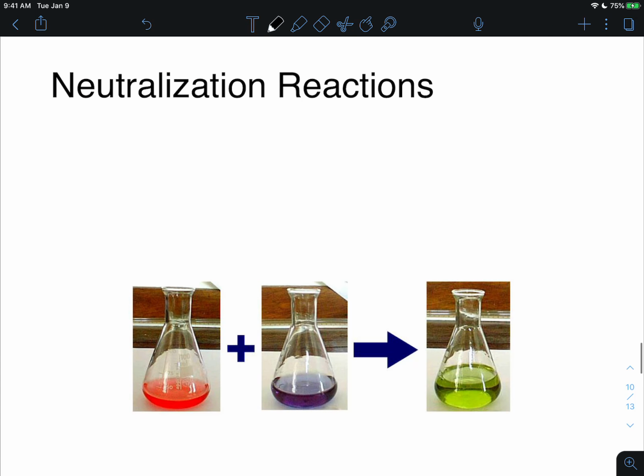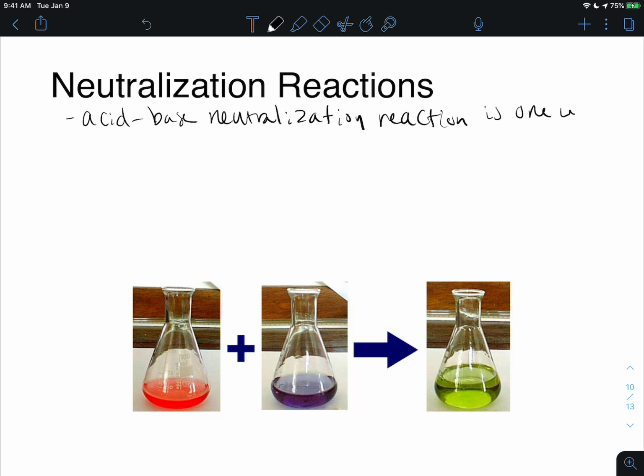Okay, let's look at the idea of a neutralization reaction. A neutralization reaction, specifically an acid-base neutralization reaction, is when we take both of our acid and our base and we neutralize them, getting us to usually a pH of 7. So an acid-base neutralization reaction is one where we neutralize both the acid and the base.